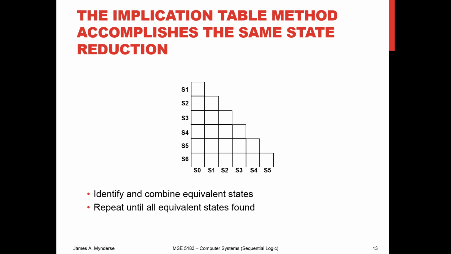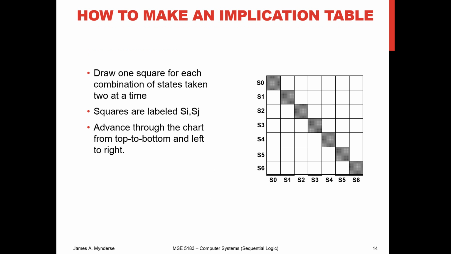So how do we draw that? Well, we're going to draw one square for each combination of states taken two at a time. So we've got a bunch of states, Si, Sj, and we're going to go through the chart from top to bottom and left to right. However, I think you can see that state S0 and S0 up here, well, that's pretty pointless.